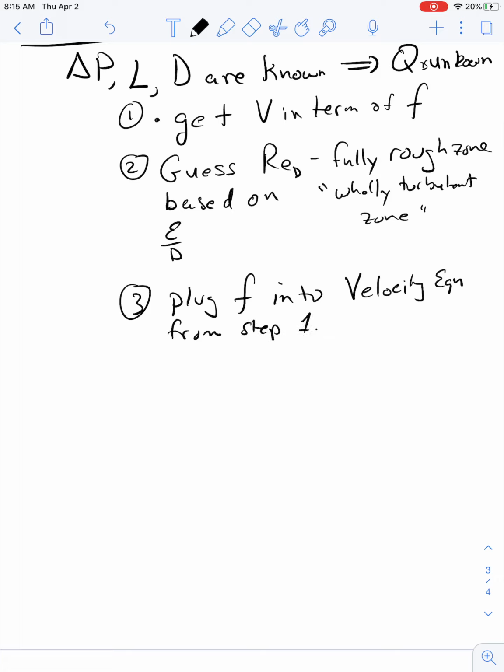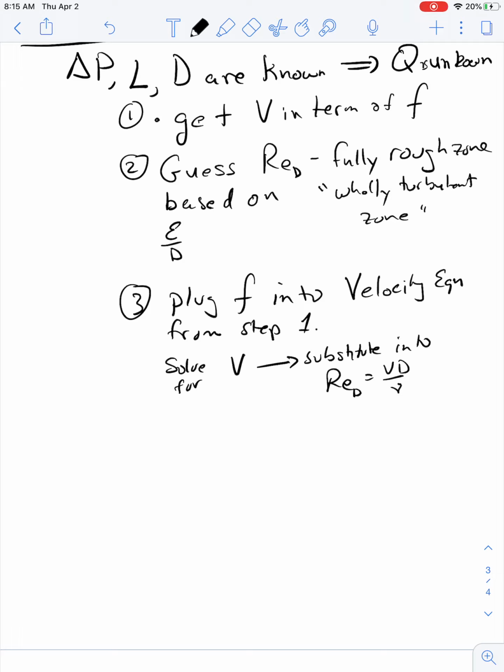Once we have that velocity equation with the friction factor in there, we solve for v, and then substitute that into the Reynolds number, which is V d over nu. We know d, we know nu, and now we have a newly calculated velocity.